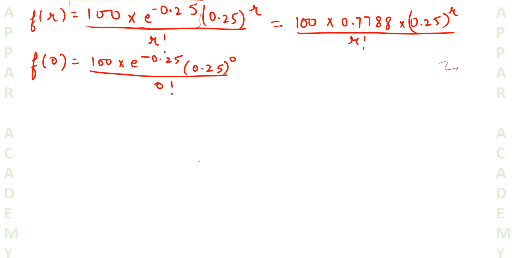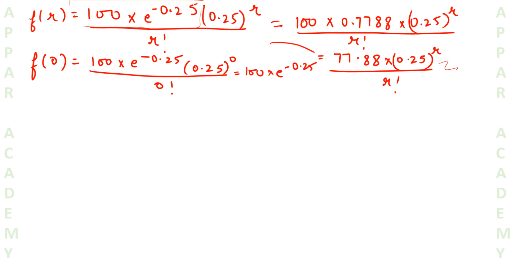So this formula can also be written as simply 77.88 into 0.25 to the power r upon r factorial. So we can write like this also. So first of all, f of 0 means simply 100 into e to the power minus 0.25. This is equal to 77.88, right?